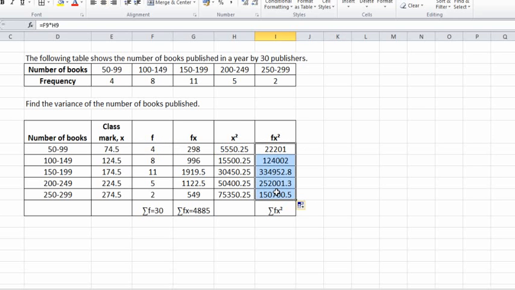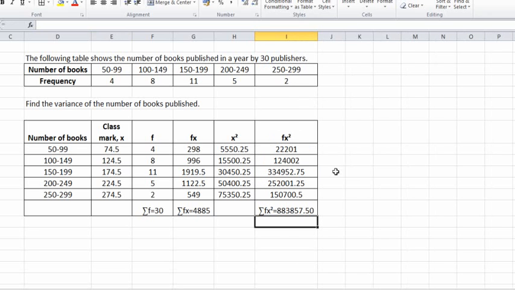I can figure out from the screen over here that it is equal to 883,857.5. Let me just go and key in that number. 857.50. So there you go.